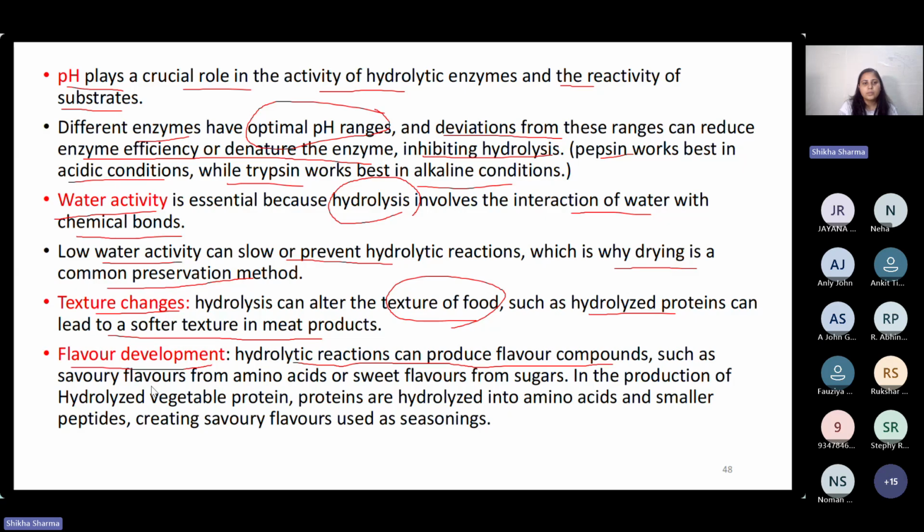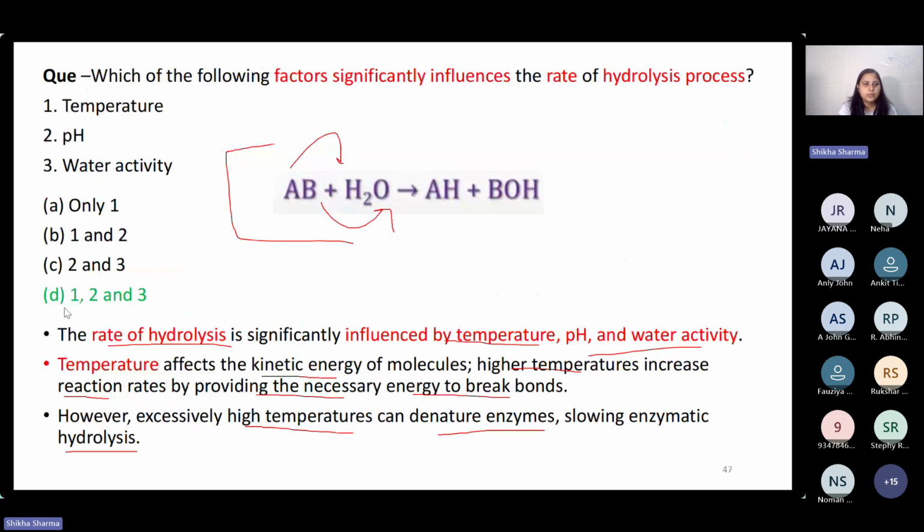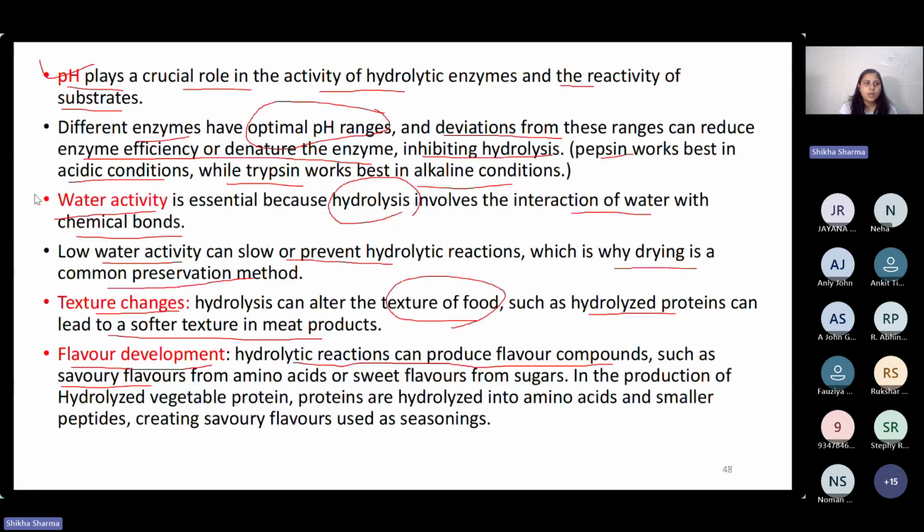These starting parameters are the controlling parameters: temperature, pH, and water activity. Now we are discussing what hydrolysis can do. Hydrolysis can change the texture of the food product.